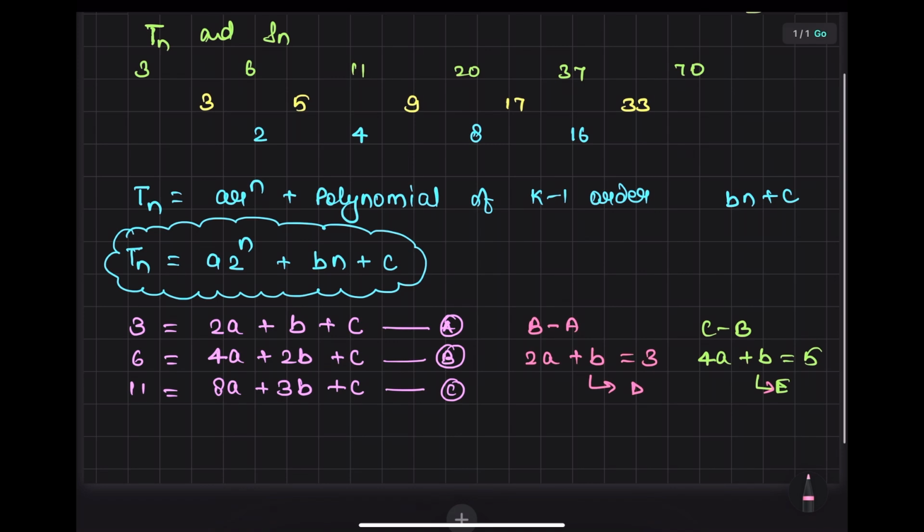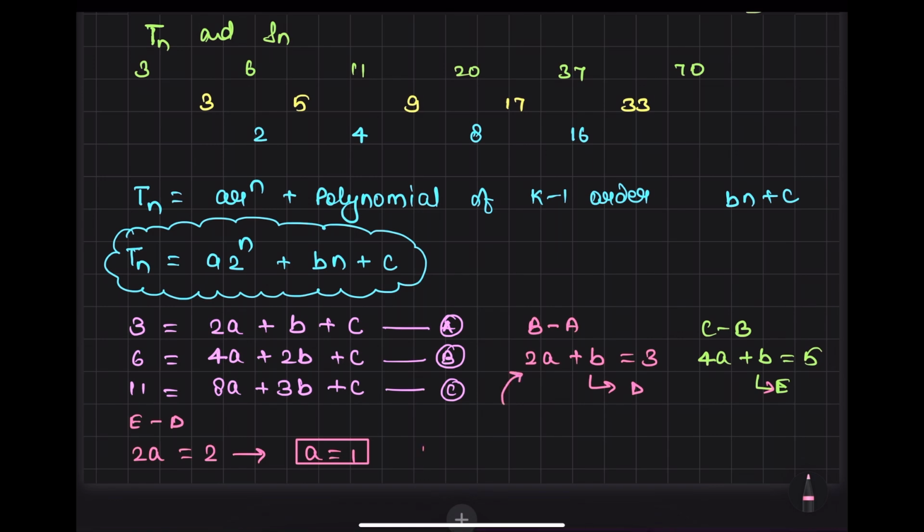Now what will we do? We will do E minus D. If you do E minus D, 4a minus 2a is 2a, b minus b is 0, and we have 2. So we got the value of a as 1. If a is 1, you can substitute the value of a over here.